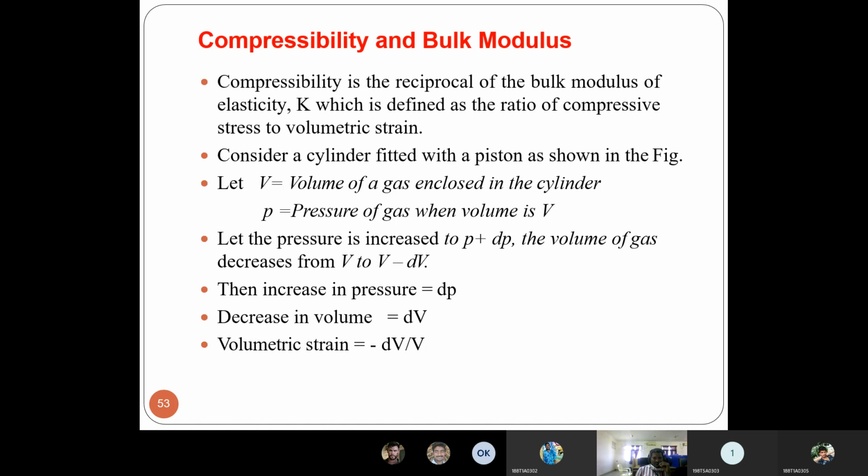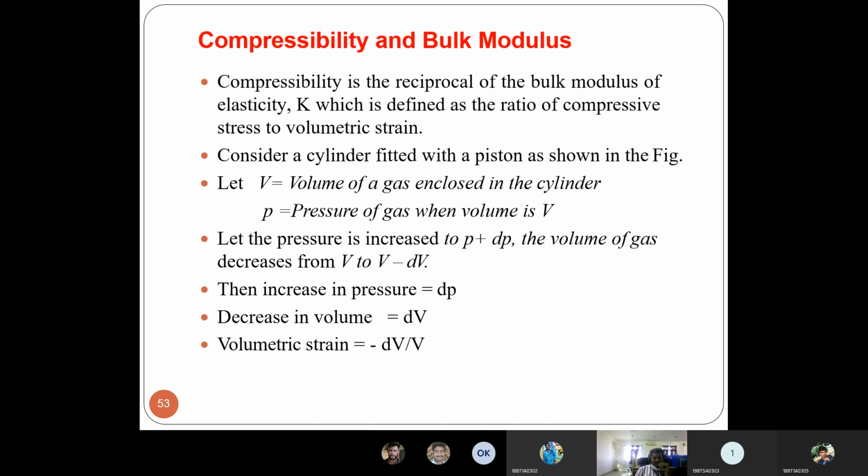Final value is V minus dV, minus the original value V. If we do so, what will we get? V minus dV minus V, the V and V get cancelled, and dV will be the remainder. So the decrease in volume is equal to dV, represented with minus dV.